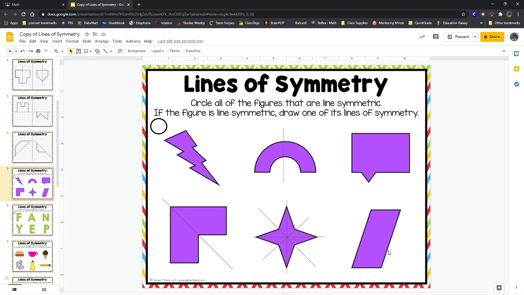And what about this last one? I mean, it's kind of like a rectangle shape. Does this shape have any lines of symmetry? Jaylene, what do you say? Yes or no? Yes. Where do you think it has a line of symmetry?